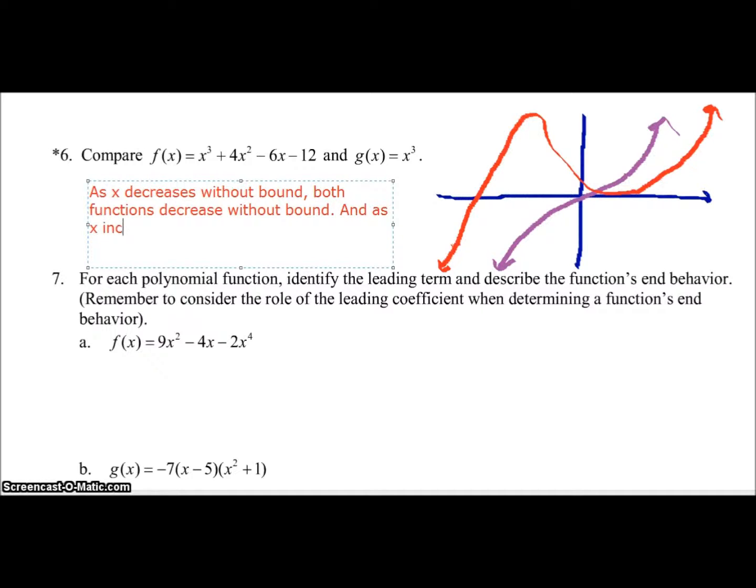And as x increases without bound, as x goes to positive infinity, both functions increase without bound or go to infinity. Because they're both cubic, they both behave in the same way as we go to infinities, but they behave differently on the local level.